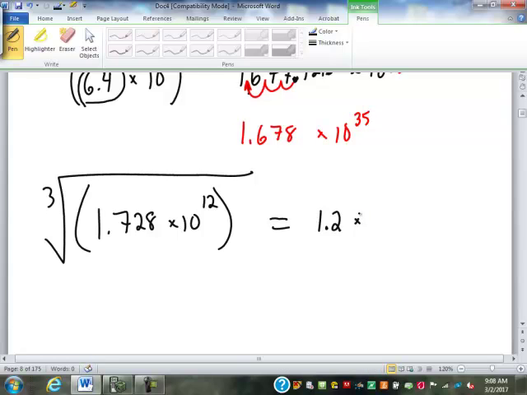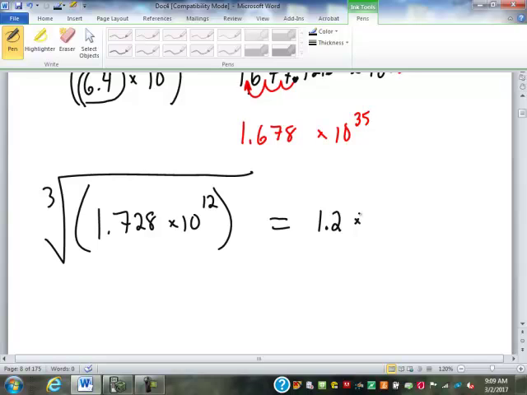Got to do 3, math, x root, 1.728. There is a third root on there, but you already put in the 3, so go with x root, 1.728. Then you get 1.2.